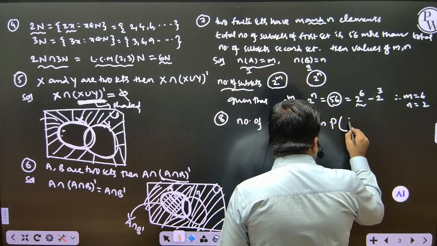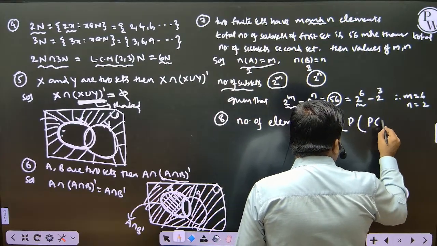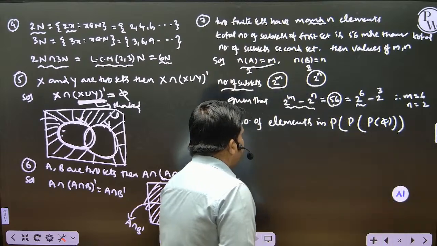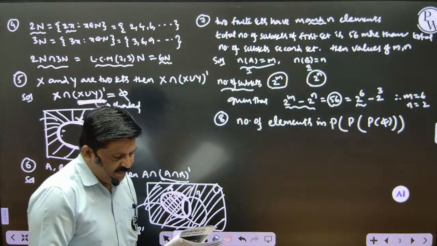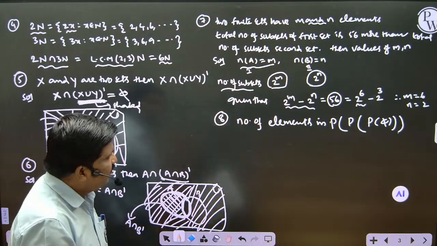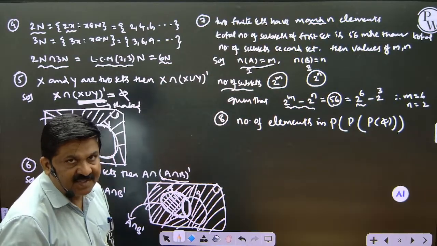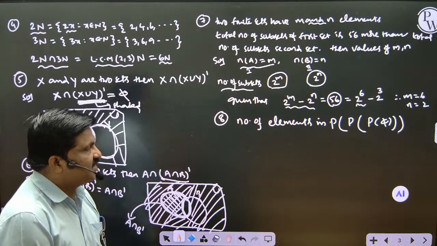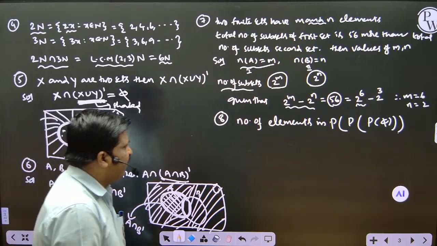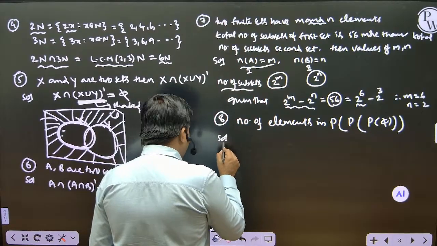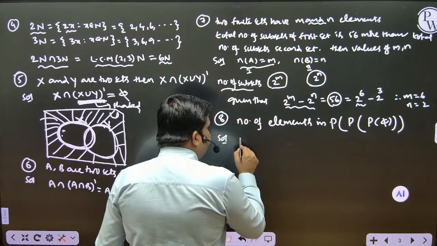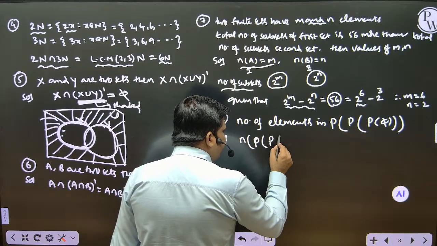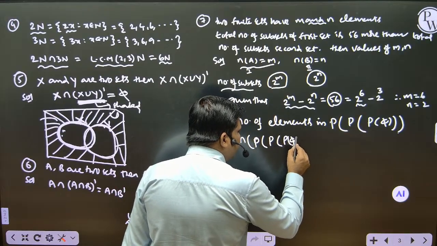P of is nothing but power set. What is asked to you here? n of P of 5 is asked to you.